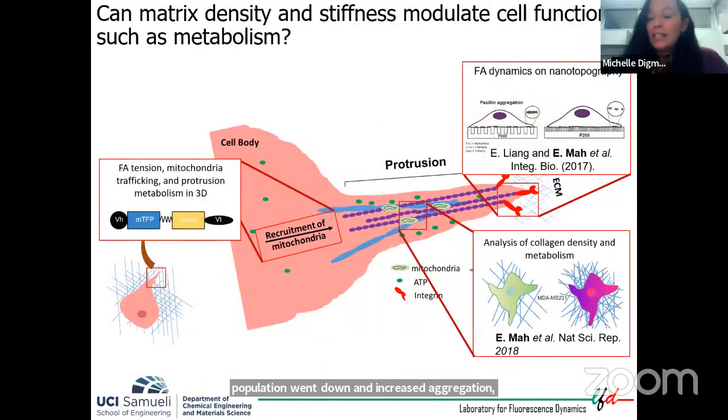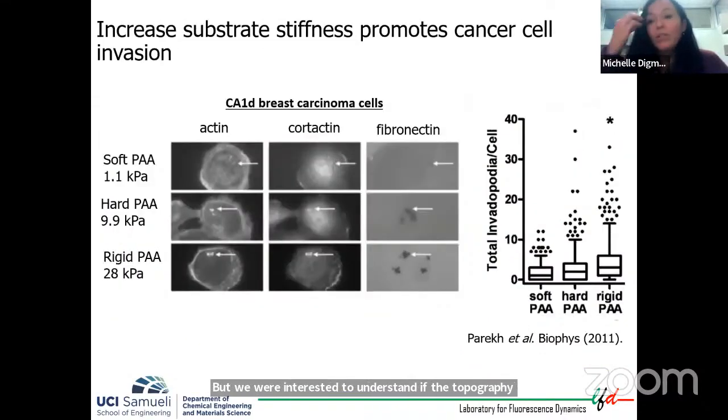But we were interested to understand if the topography of the system can also modulate metabolism. So in this part of the work, we looked back into the literature and we saw that there might be a correlation between stiffness of the material and change of metabolism. Here's some work showing the total number of invadopodia.